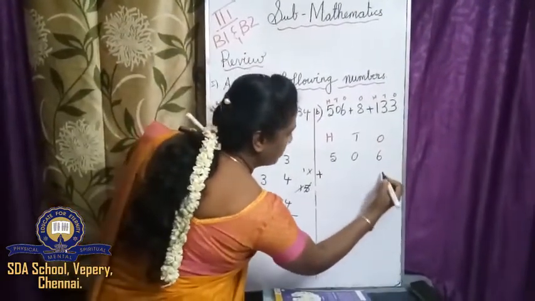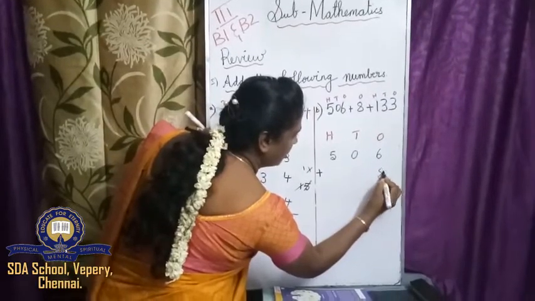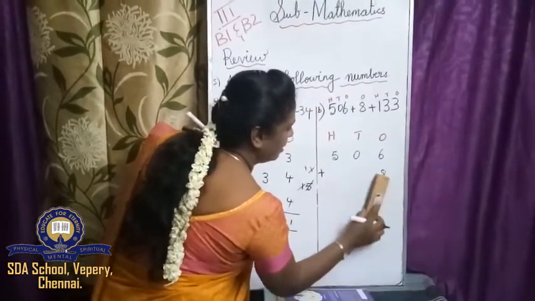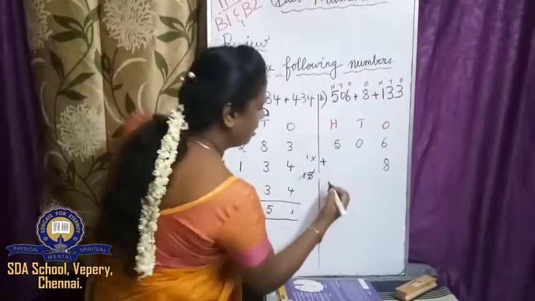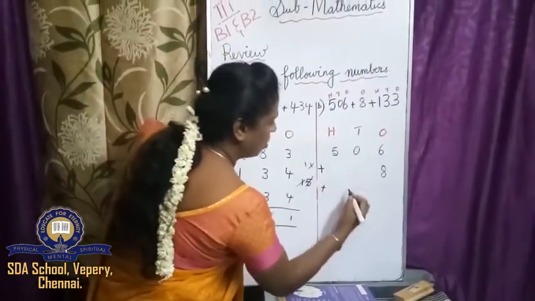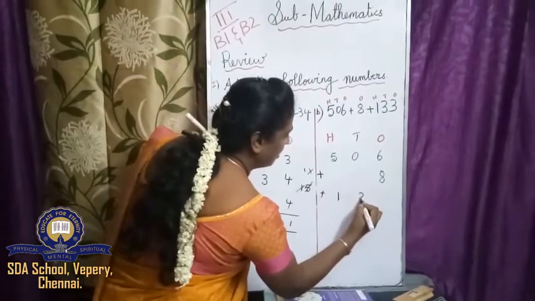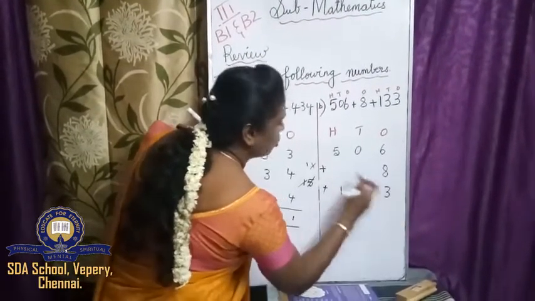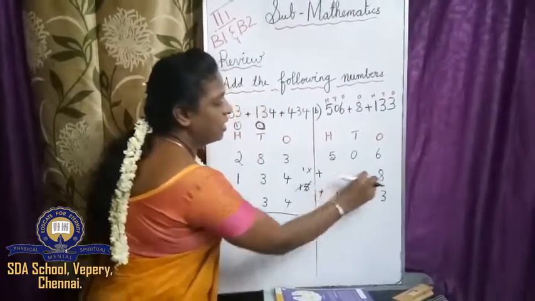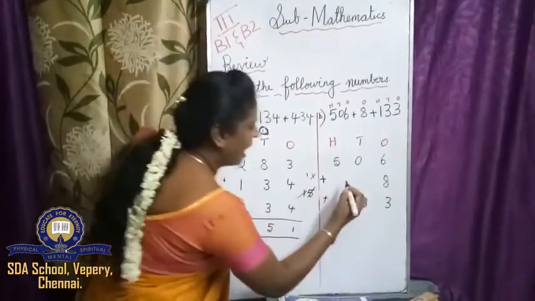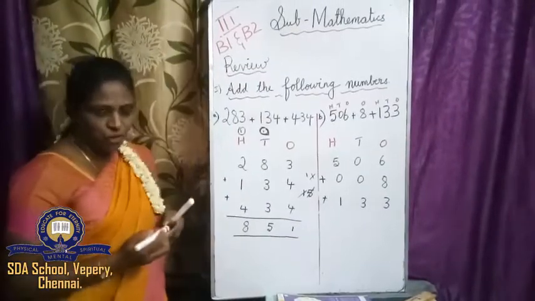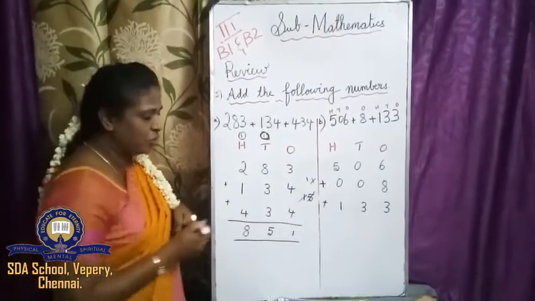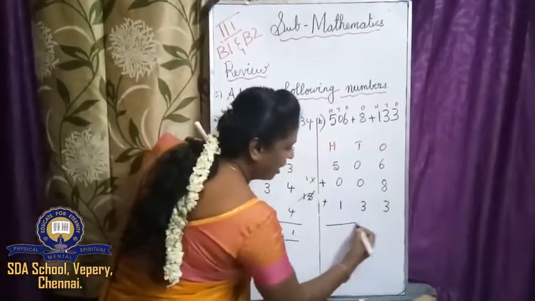Children, you will write 8 here. Then again plus 133. Here there are no digits, which means you can add zeros, so you will not be confused. Now add all together.